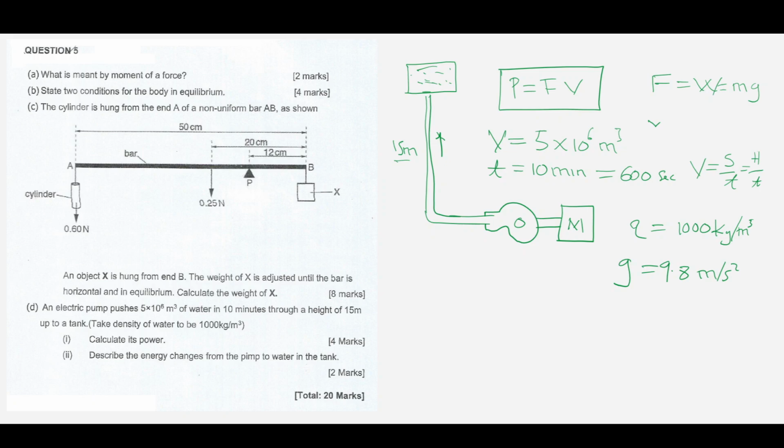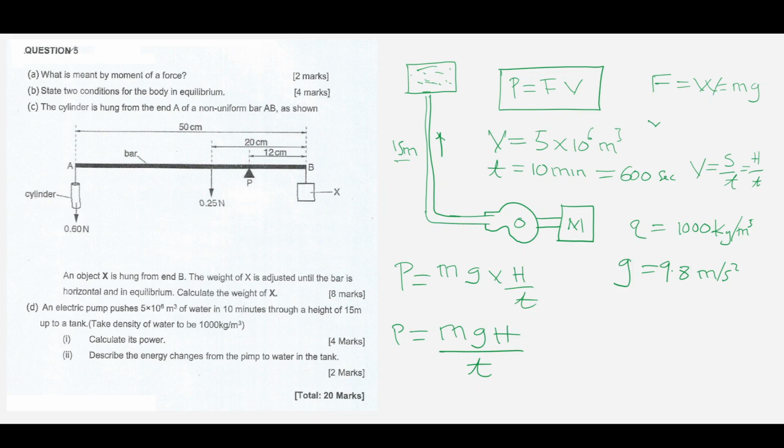Okay, so our power equation will be the force is the weight, which is mass times gravity, and then times velocity, which is h over t. So power will equal mass times gravity times h, everything over time.